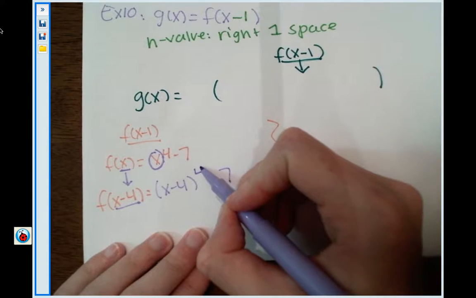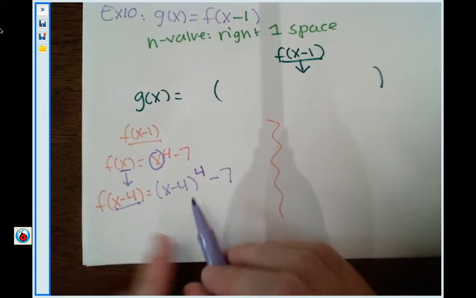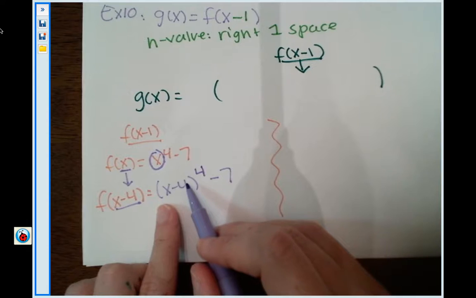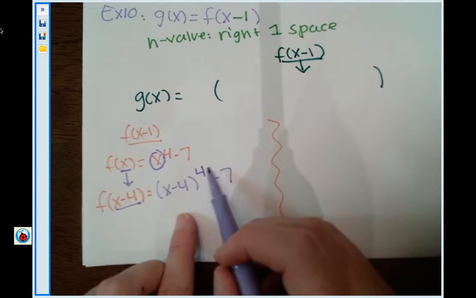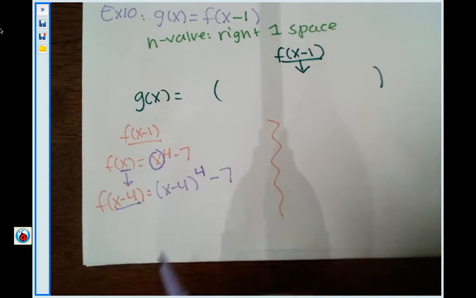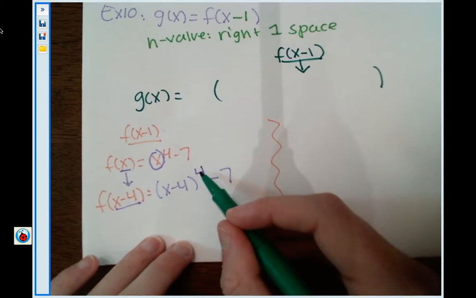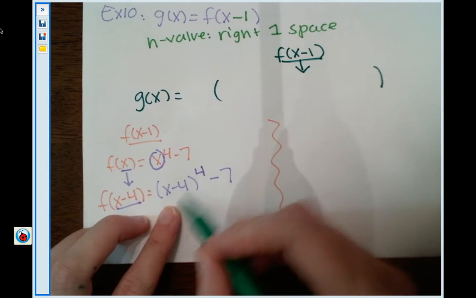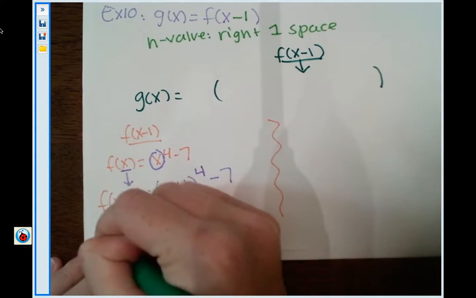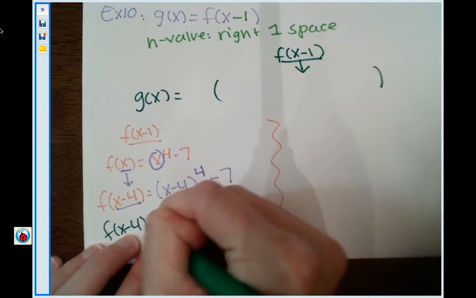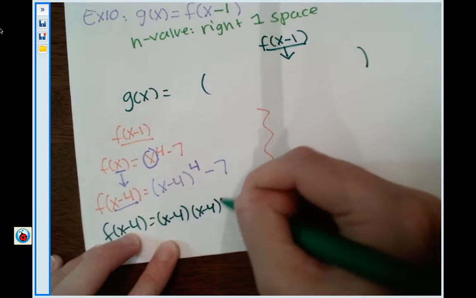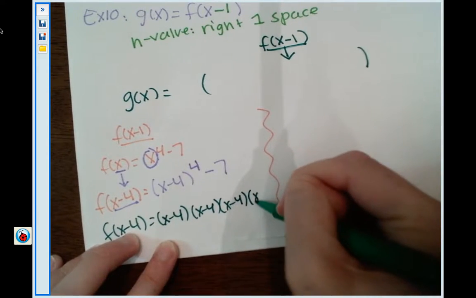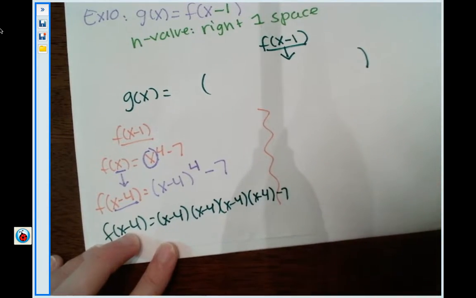And guys, I'm going to allow you to leave it like that. If you ever have a binomial, which this is because it has two terms, raised to an exponent, I will let you leave it that way. Remember when anything is raised to an exponent, we're supposed to write it out that many times. So this is secretly x minus 4 times x minus 4 times x minus 4 times x minus 4, and then minus 7.